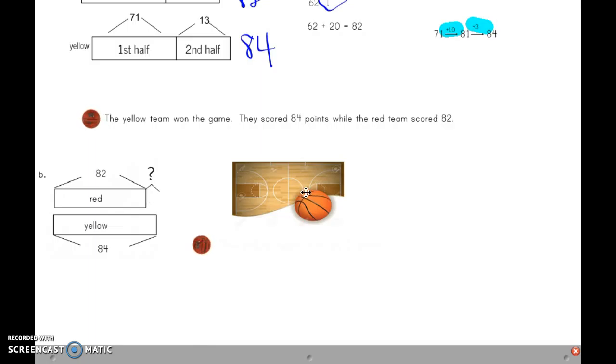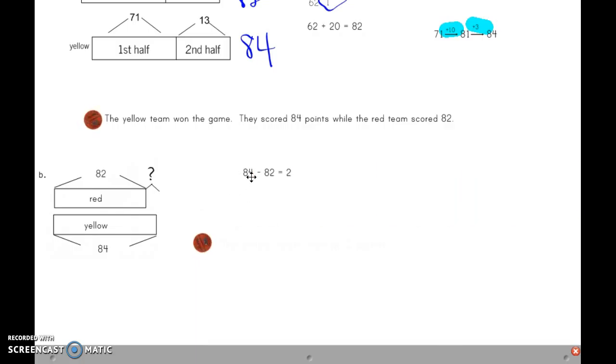So to make my equation, I simply said 84 minus 82 equals 2. Simple mental math problem. So if you have not written your equation down, go ahead and do so and do the operation of subtraction.